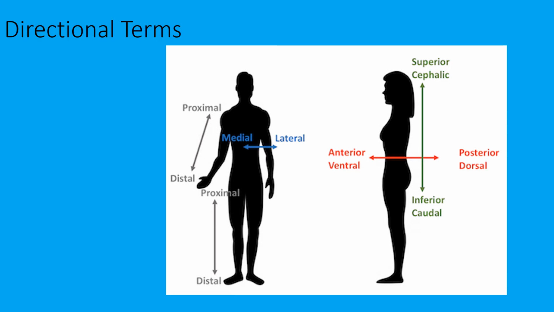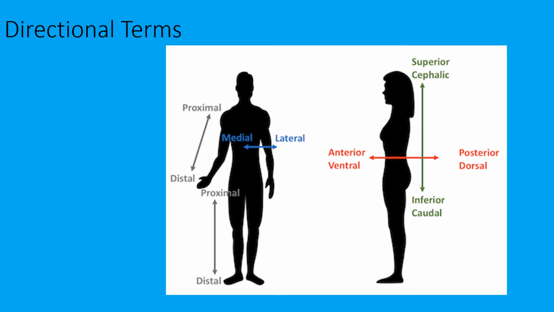Start recognizing now, see how they're paired. If you think of a midline, this imaginary line right down the middle of the body, if you're going towards that midline, it's medial. If you're going away from it, it's lateral. Now, proximal and distal are only going to be used on what we call the appendages, only on the arms and the legs.